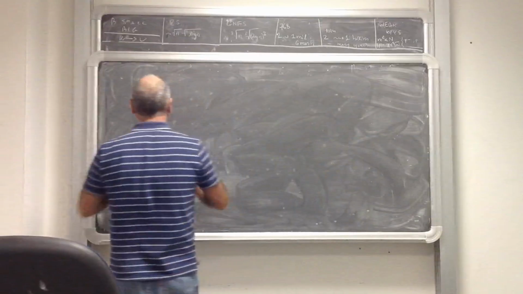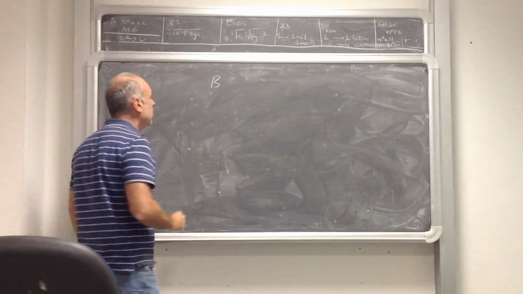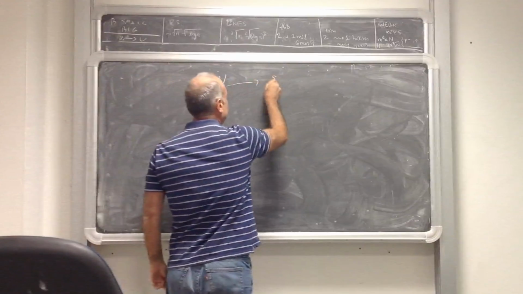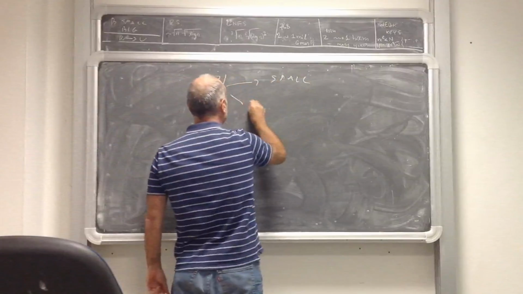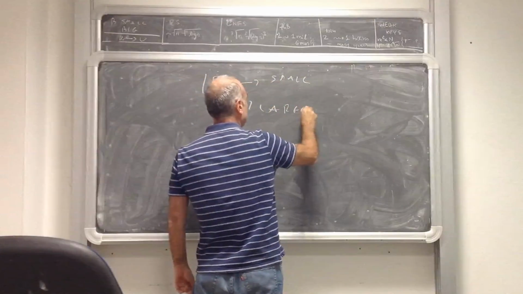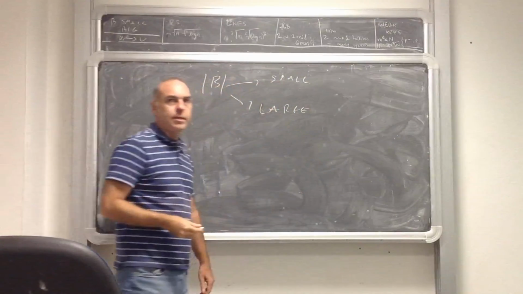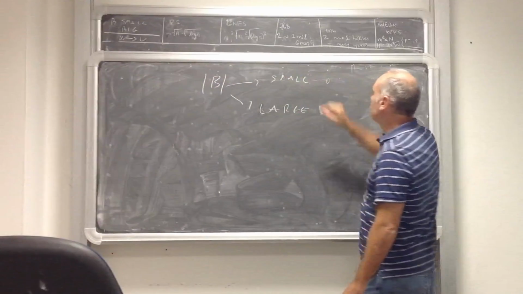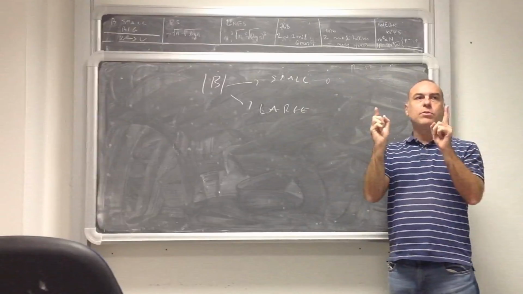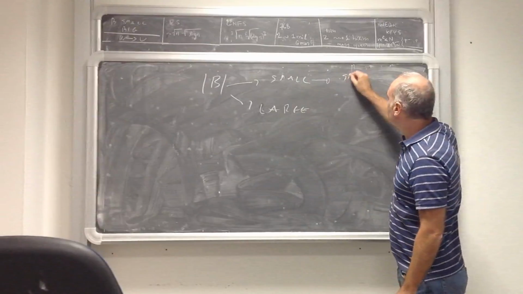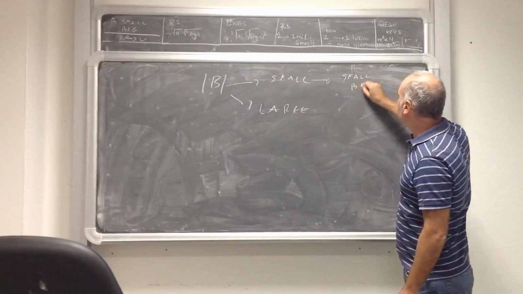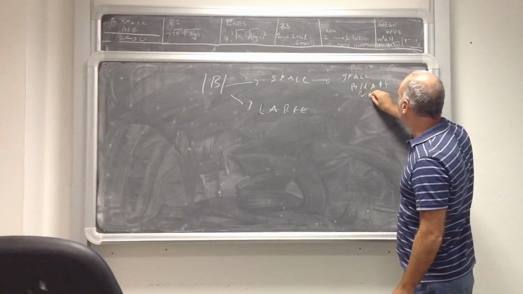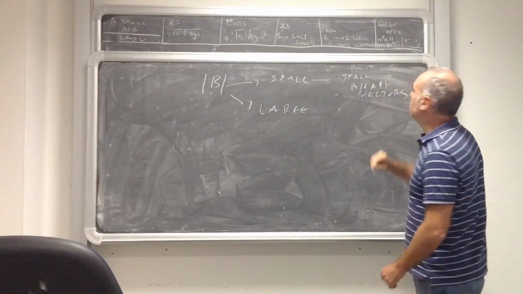So, first of all, we know that the size of B can be small or can be large. What is better? Well, small B means that we have small binary vectors.